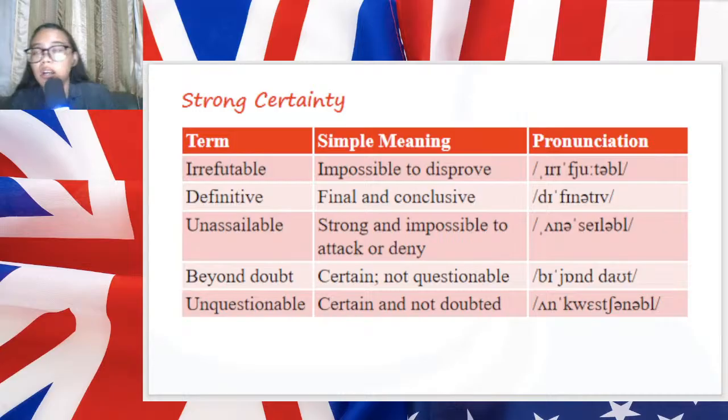It is also typically used in courtrooms or legal writing when presenting undeniable facts. So when we use this, of course, our tone should be authoritative. It can be formal or unshakable, or of course, confident and powerful.